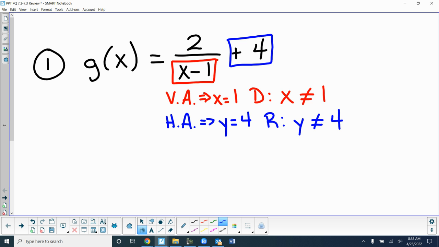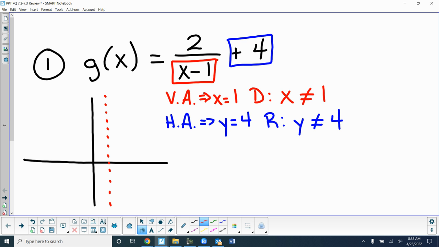The graph part is just doing your calculator, but in order to get full credit on your graph, make sure you draw your graph correctly. If we say the vertical asymptote's 1, then that's this dashed line. You can put a little 1 here if you want. And the horizontal is 4. Horizontal is this way, right?